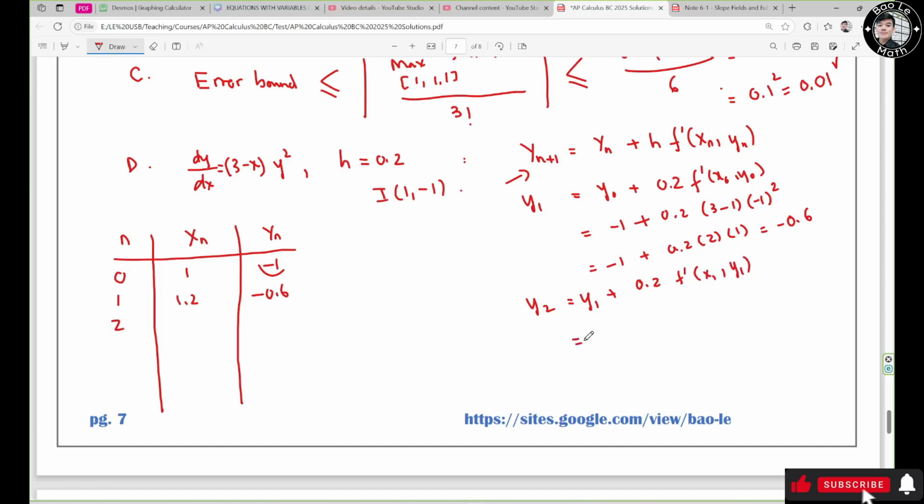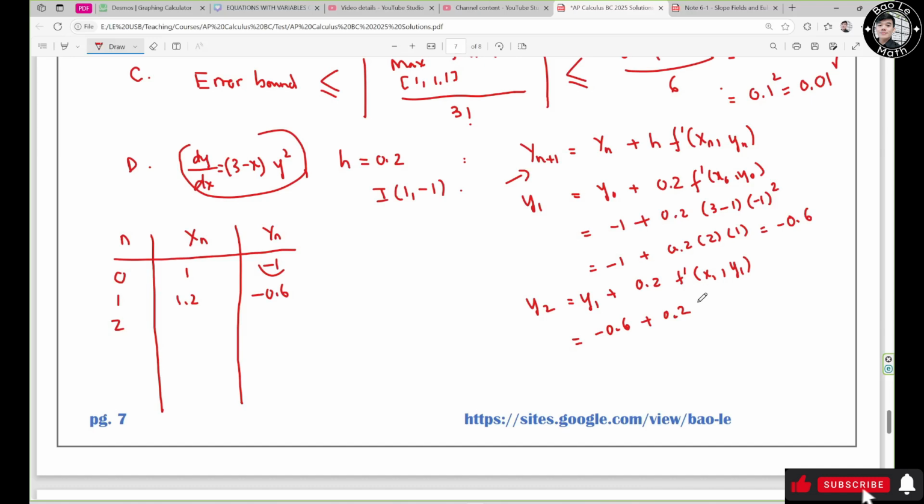So it's going to be negative 0.6 plus 0.2. Now you substitute s1, y1 into this one right here, and (s1, y1) is 1.2 and negative 0.6, right?